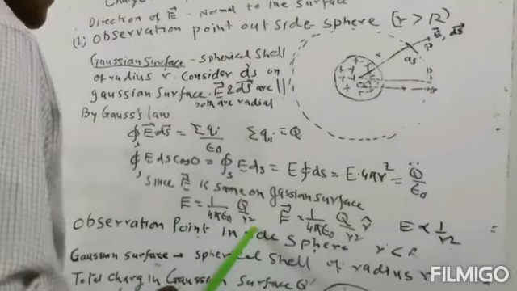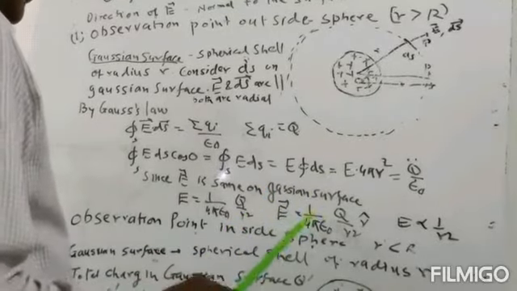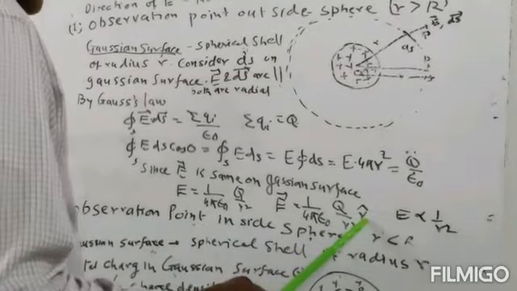square. Or in vector notation, E vector will be equal to 1 by 4 pi epsilon 0 q by small r square into r cap.